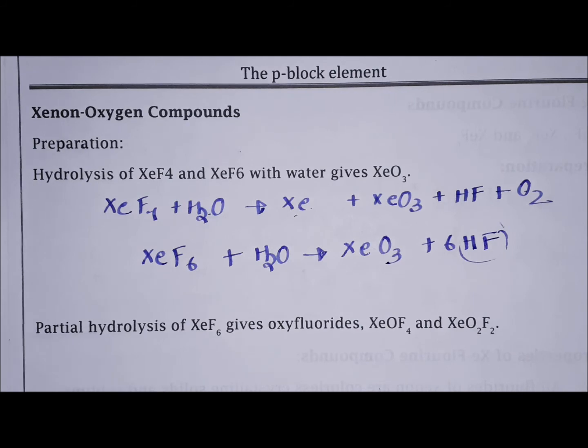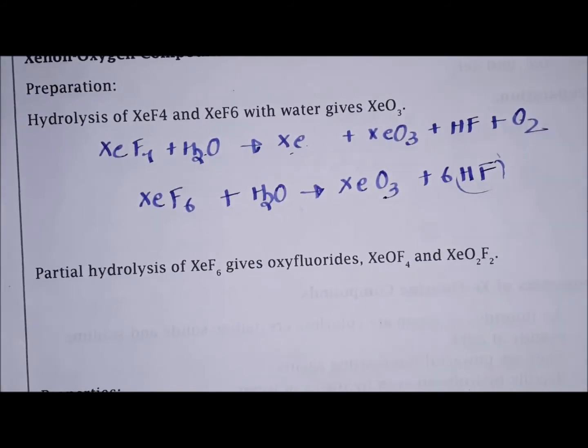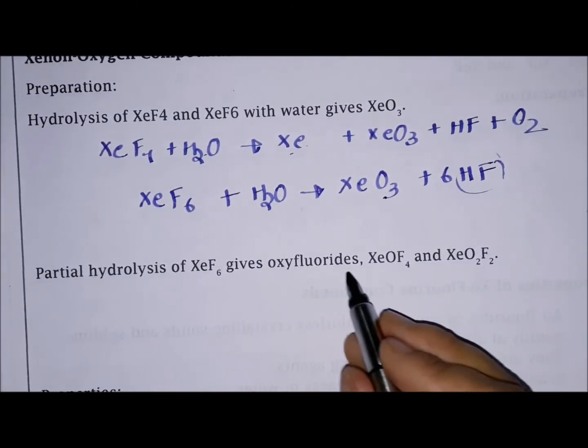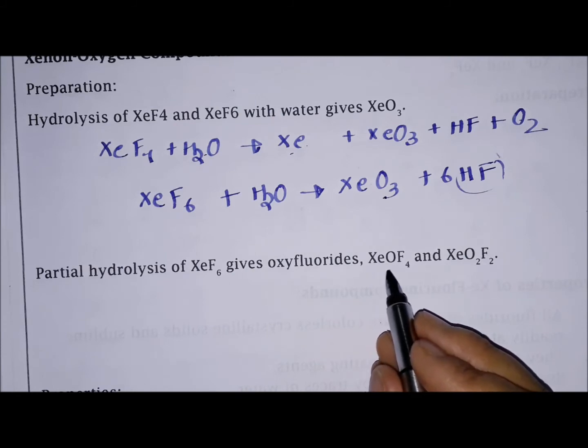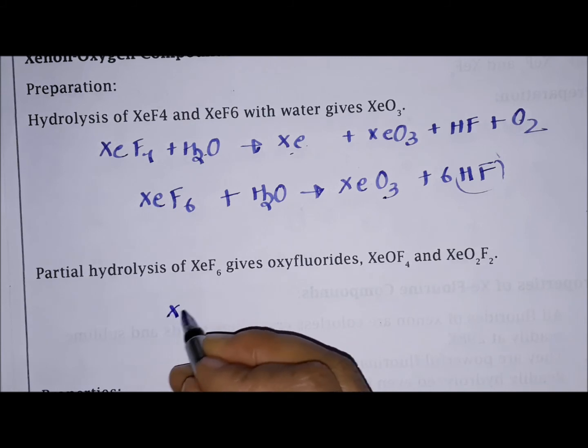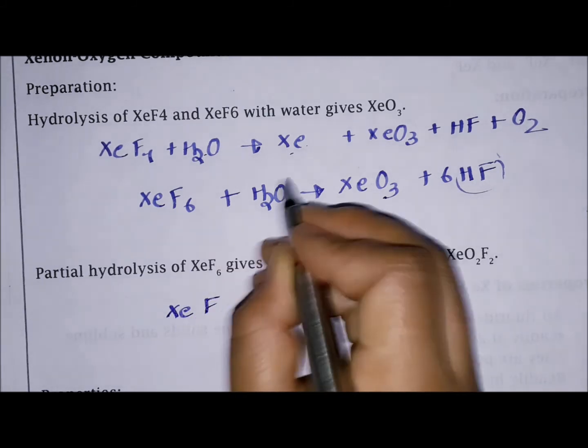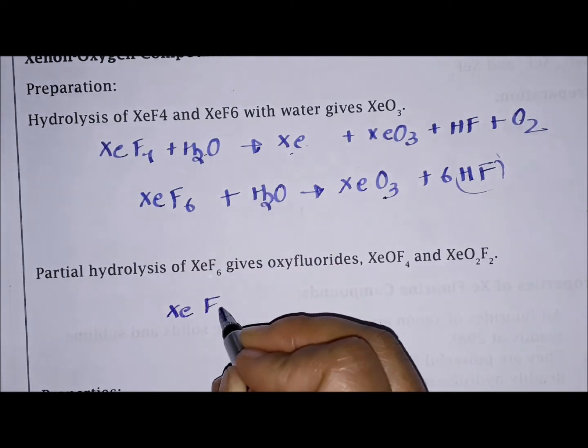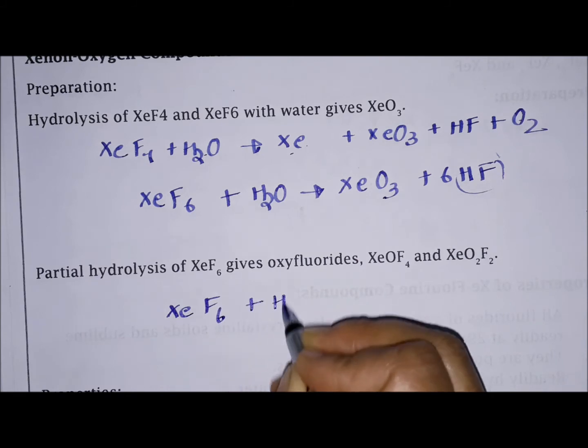Now next, a partial hydrolysis of XeF6 gives only oxyfluorides like XeOF4 or XeO2F2, just the xenon; this is complete hydrolysis. Now second is your partial hydrolysis.